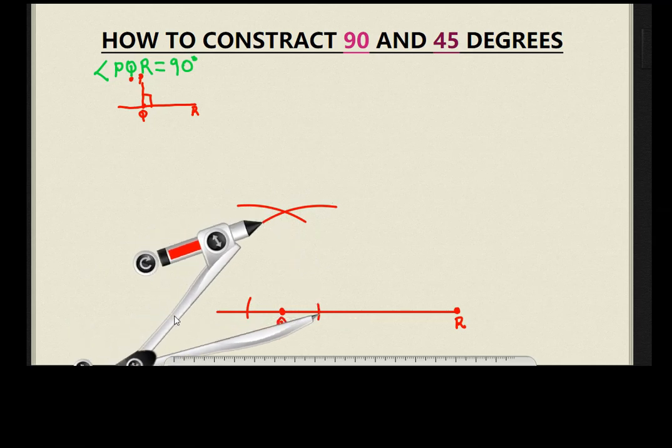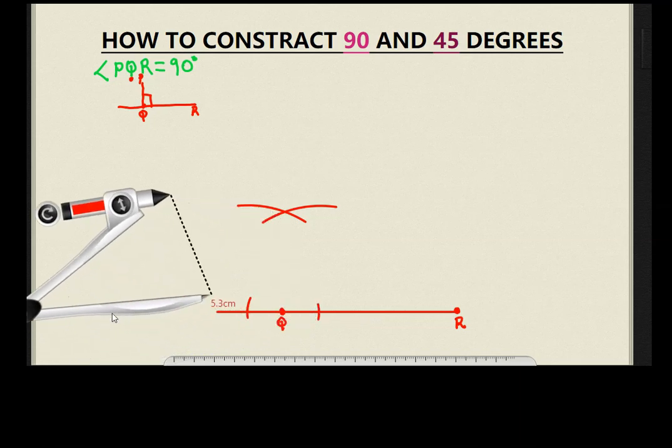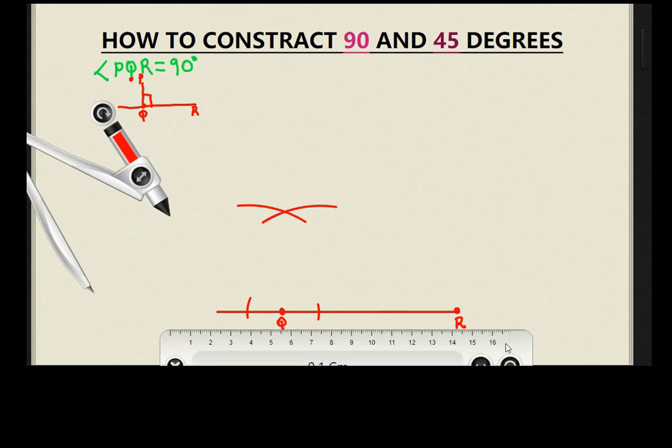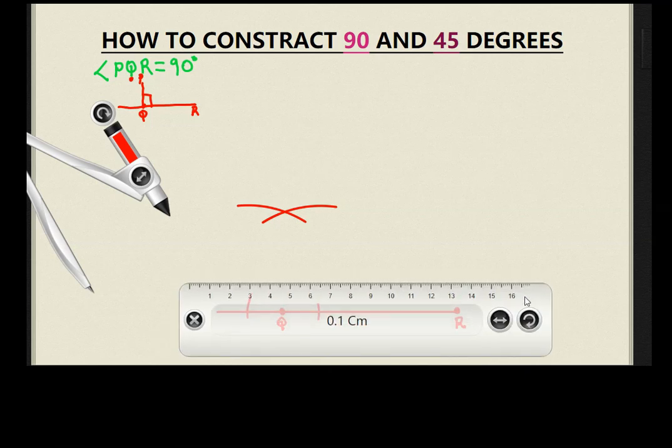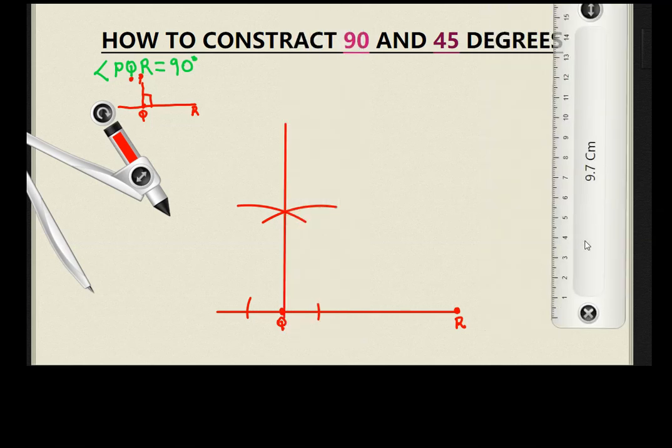Now you can see we have to bring our ruler and then adjust like this. Now I can be able to draw. This is 90 degrees.